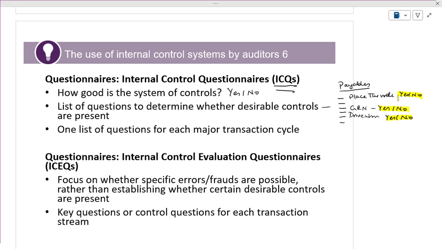Placing the order: if the client has placed the order, yes or no. If the client has received the GRN, is the goods received note there or not, yes or no. So the client is going to answer? No, the auditor will check. The auditor will prepare the list, and will make a checklist verifying the controls of the client.